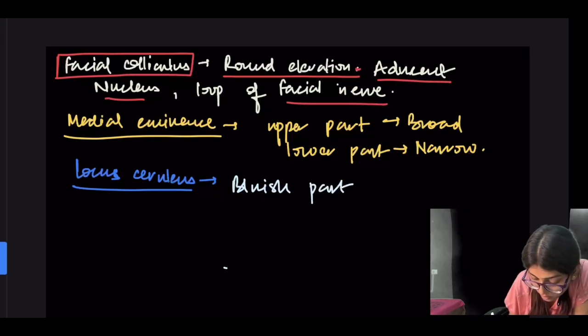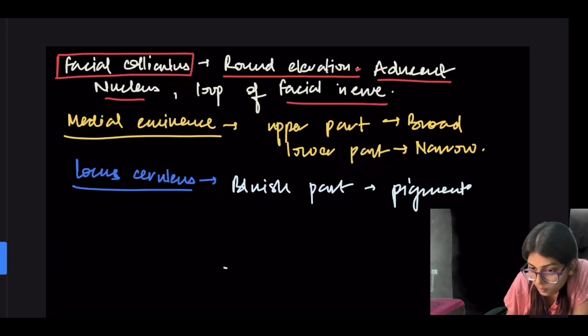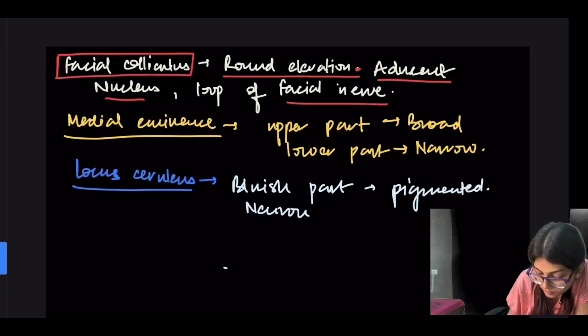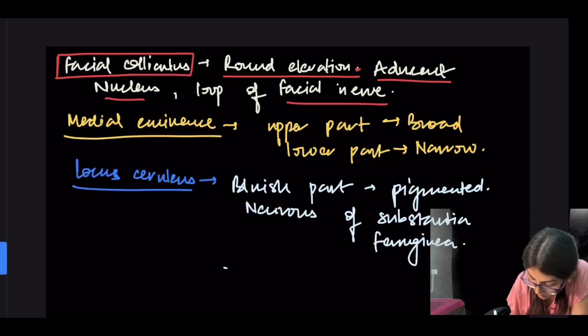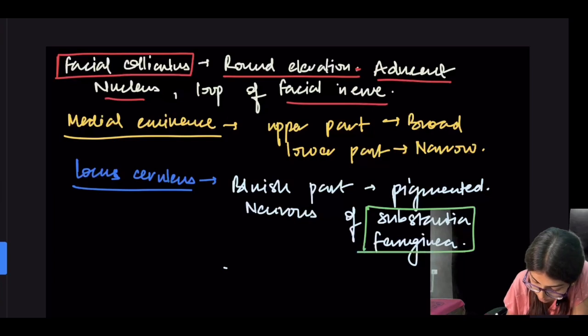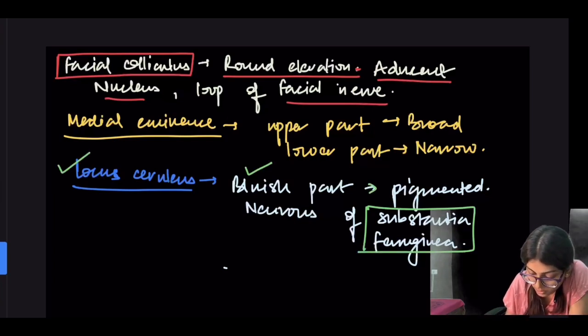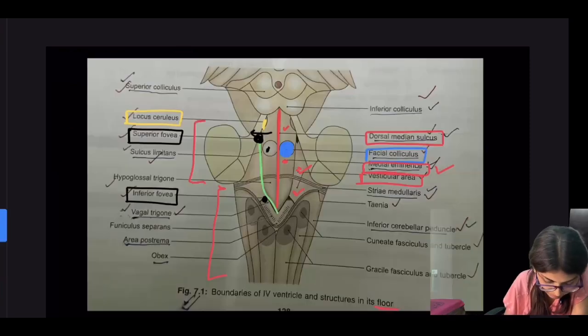The blue is due to the presence of the pigmented neurons of the substantia ferruginea. So the locus ceruleus is the bluish part, and the blue color is due to the presence of the pigmented neurons of the substantia ferruginea.